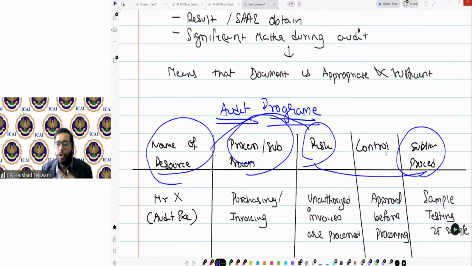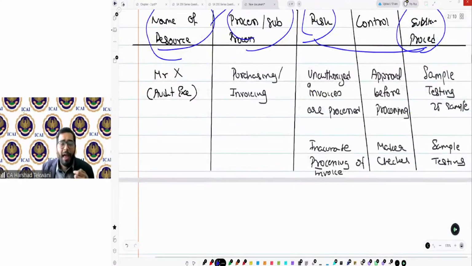For example, if I want to appoint an expert, then where I will appoint the expert, on which area. Let's say instead of Mr. X, I will have a name of expert. What is the role of the expert, how much reliance I'll place on the details given by the expert. All that stuff will be there. So based on this, I will understand what is required to be done, when it is required to be done, how it is required to be done, and by which team member it is required to be done.